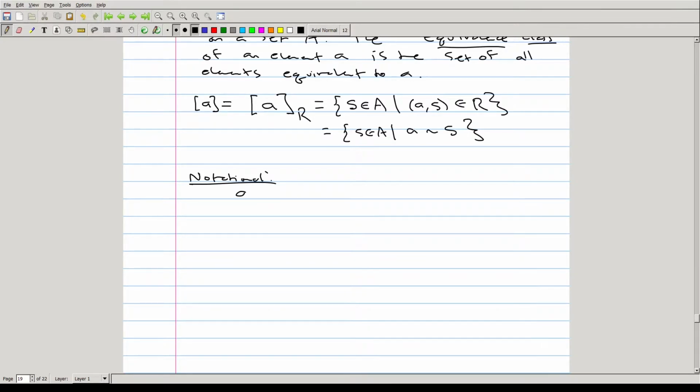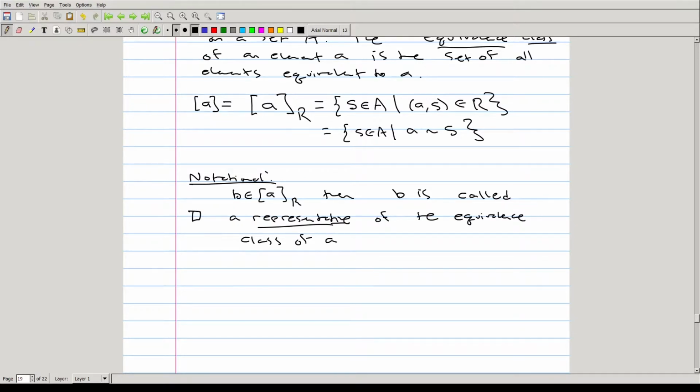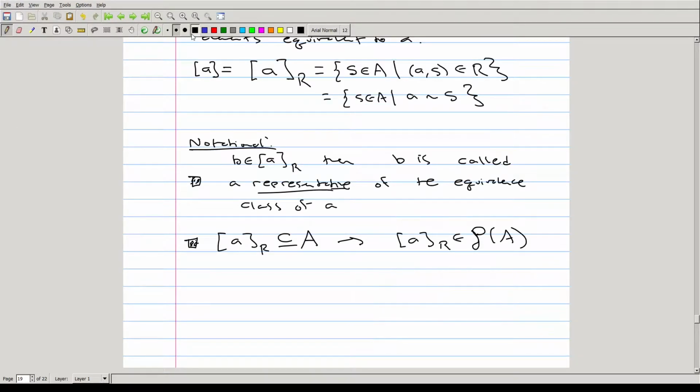So for instance, if B is some element of the equivalence class A_R, then B is called a representative of the equivalence class of element A. And it's important to point out that a given equivalence class is just a subset of A, therefore it's an element of the power set of A. And what's important about representatives is that there's nothing special about any particular element chosen as a representative of the equivalence class.